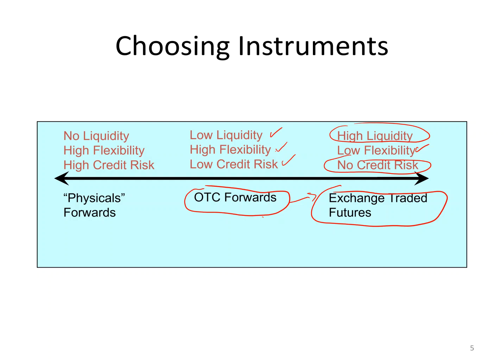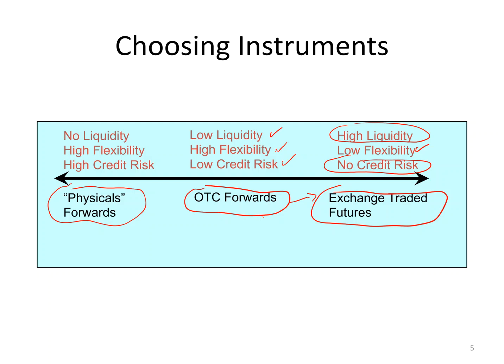But let's talk about one other type of forward, and that is sometimes called physicals or a physical forward. And this is an example of, say, a cattle futures contract or a cattle forward contract. Why don't I just get an actual physical contract with a farmer to deliver their output?